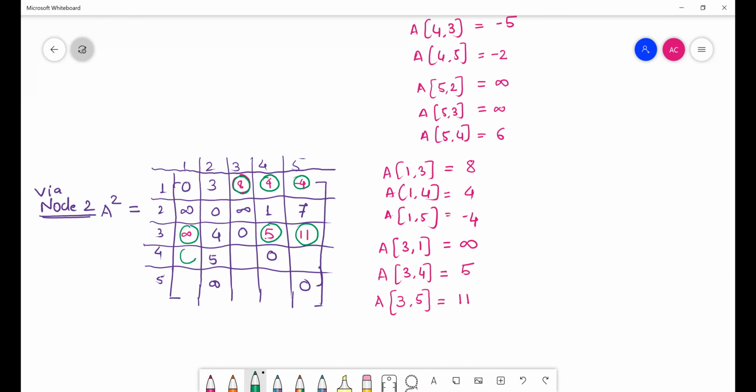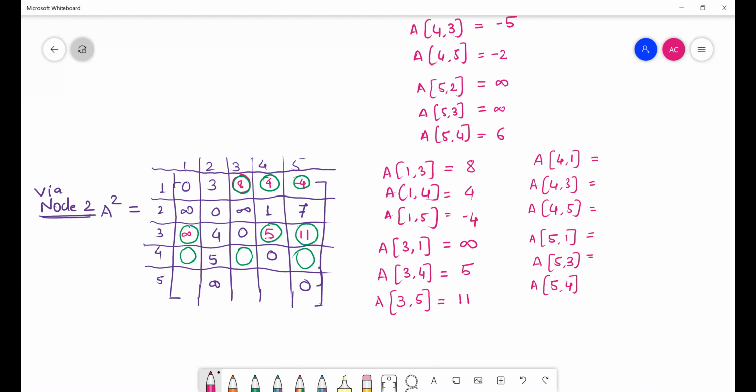Next values are 4 to 1, 4 to 3, and 4 to 5. बोलो क्या आएगी?